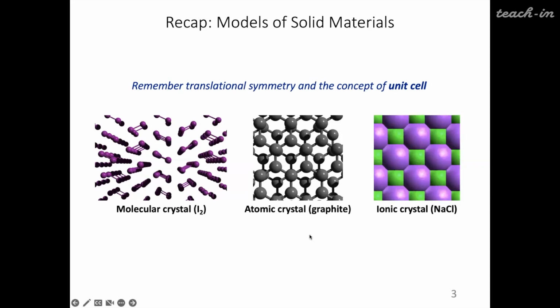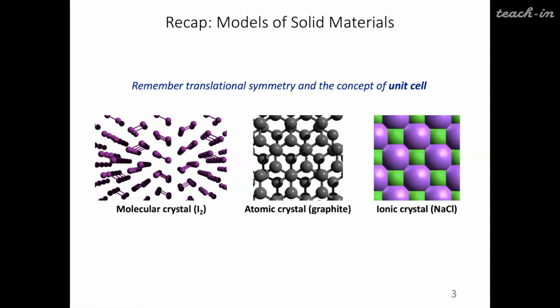So mostly, if we consider crystalline solids, we can speak of molecular crystals, and of course, this will have more similarities with the cases we have discussed previously. And there are atomic crystals and ionic crystals as well.